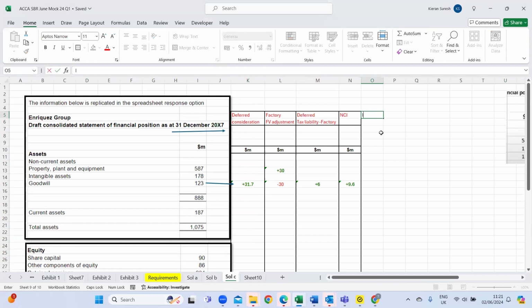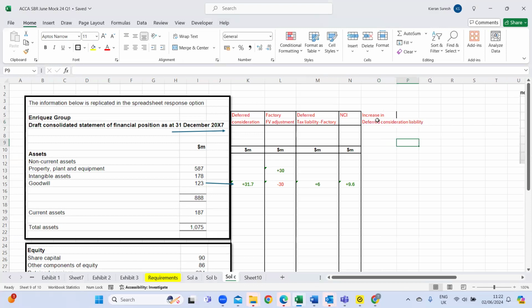I would have an increase in deferred consideration liability. So the deferred consideration liability is getting increased here, right?